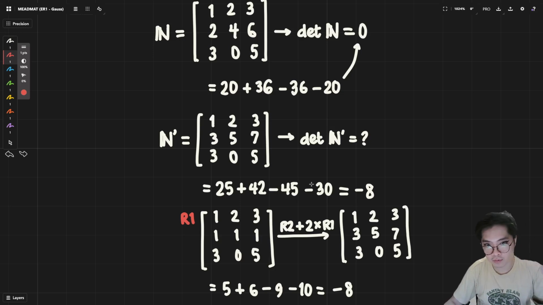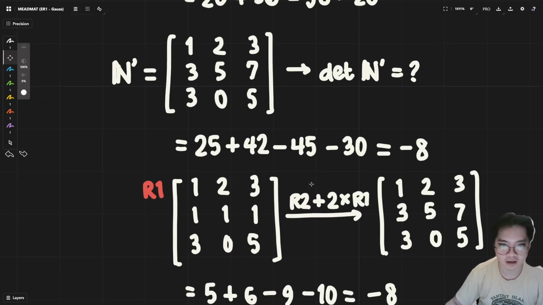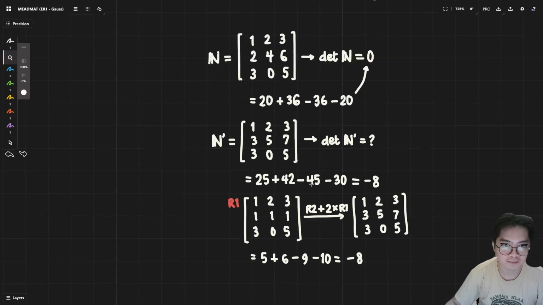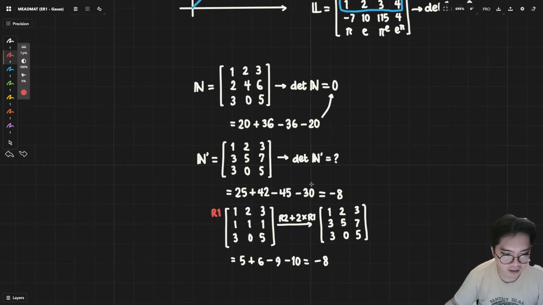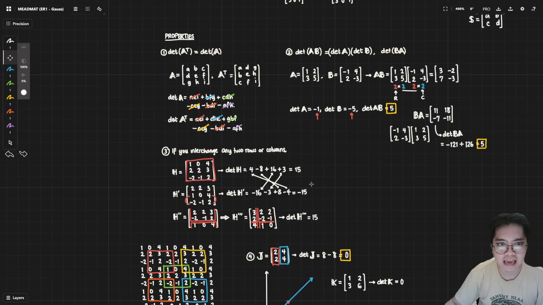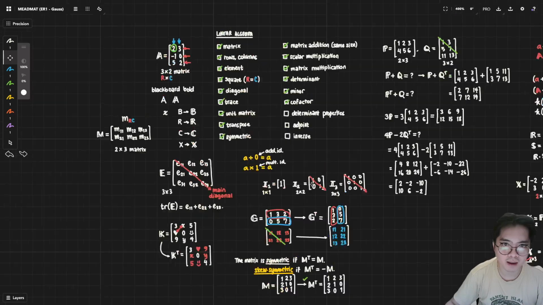You can do operations on rows so that everything flows a little bit faster, right? Okay, so that's it. And I suppose that is the end of our determinant properties.